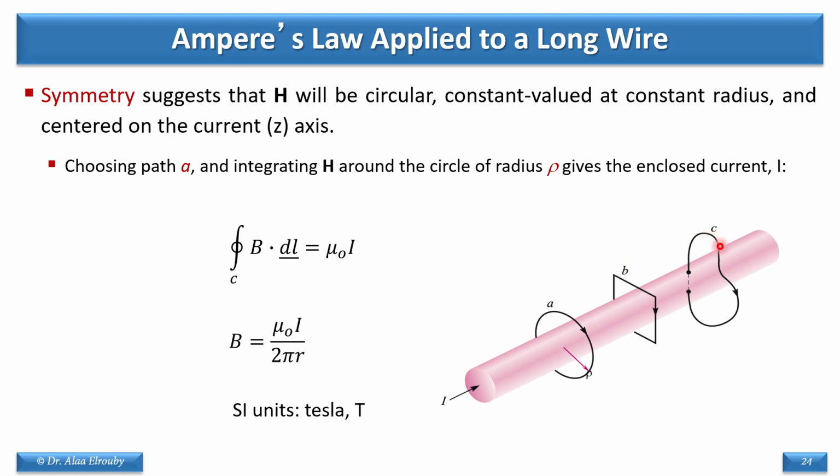B dot dl along this contour equals the amount of current enclosed by this contour, which will be part of this I. Again, if we don't have a symmetric field on this contour, or we don't know the relationship or the form of B along this contour, it would not be possible to use Ampere's law to solve the problem.